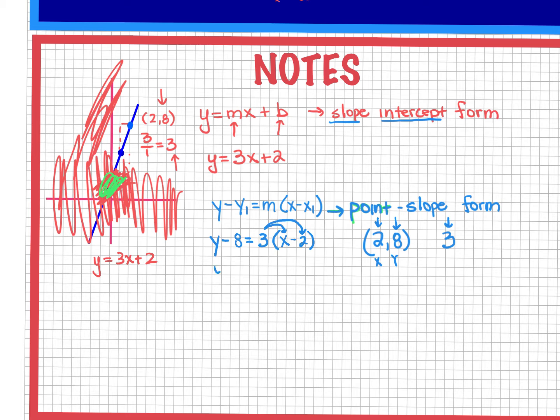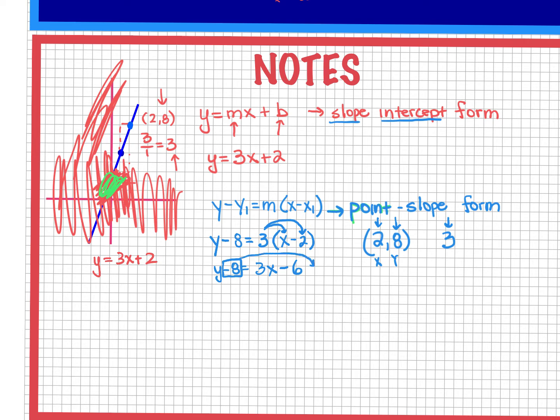So now I have y minus 8 equals 3 times x is 3x. And 3 times negative 2 is negative 6. Okay, so that's one good step. Now if I want to get y all by itself, I'm going to move this negative 8 all the way over to the other side.